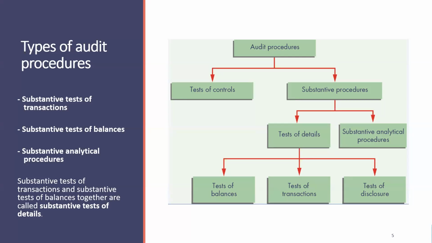So this week we are talking about the substantive test of transactions and balances. We know the test of controls and substantive testing procedures are the 2 main parts for evidence gathering, for evidence collection in one audit engagement.